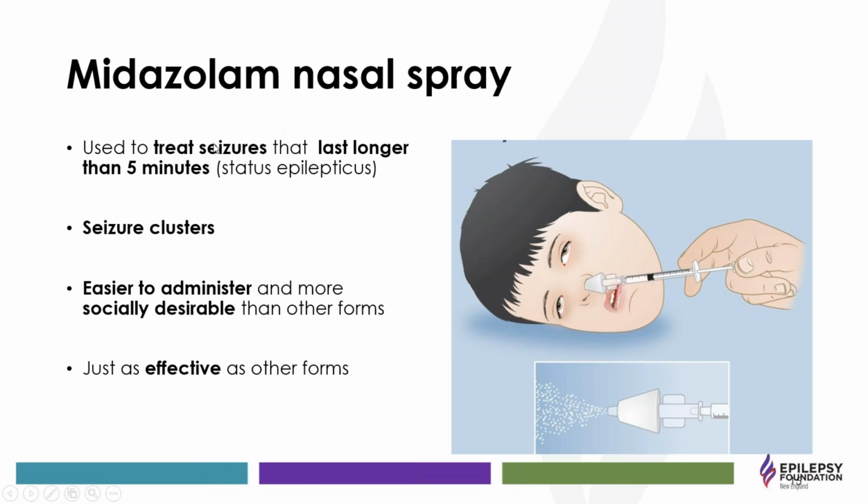Because these medications work by body weight, you might have to do multiple, at least two: 0.2 up one nostril, 0.2 up the other nostril. And if someone requires a larger dose, you're going to go back in and do it again, I believe, because we are restricted in how much can be absorbed through the nasal membranes.